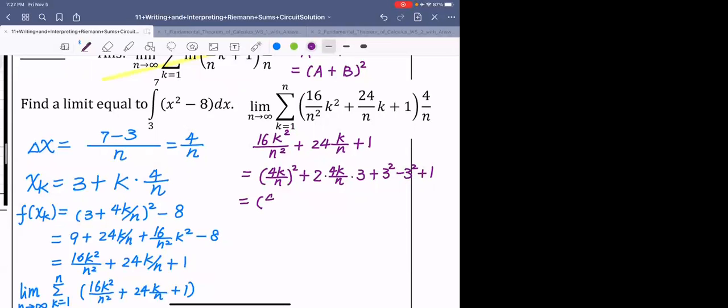4k over n plus 3 square. How much is this? Minus 8.